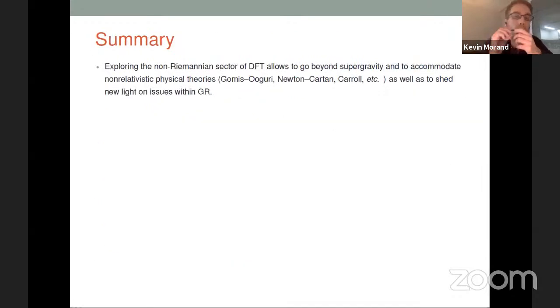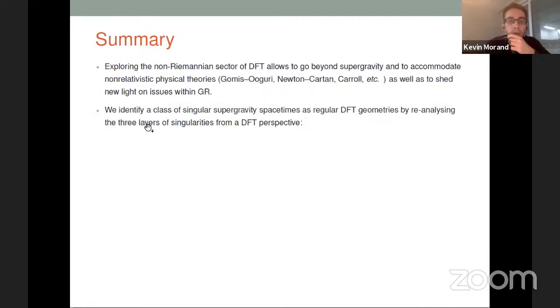The main point I wanted to emphasize is that by exploring the non-Riemannian sector of double field theory, we can go beyond supergravity and accommodate some non-relativistic physical theories. But this can also be used to shed some light on some old issues within general relativity. What we did is to identify a class of singular supergravity spacetimes as regular DFT geometries.